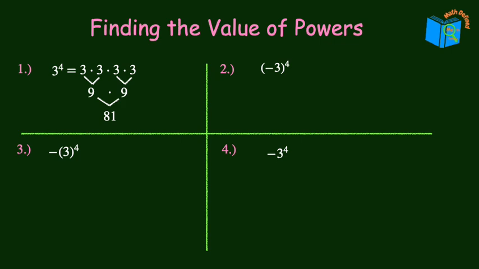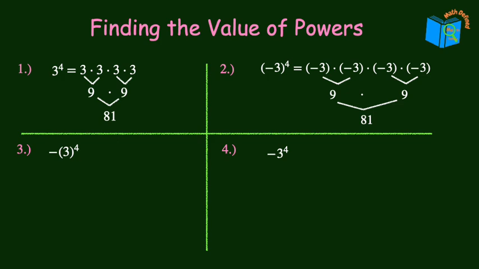The parenthesis is next to the exponent, so this means that everything inside the parentheses is the base number, including the negative sign. To find the value, we multiply negative 3 to itself 4 times. Again, I like to multiply in small chunks, and negative 3 times negative 3 results in positive 9. And positive 9 times positive 9 is positive 81. So now we have our 2 positive products.